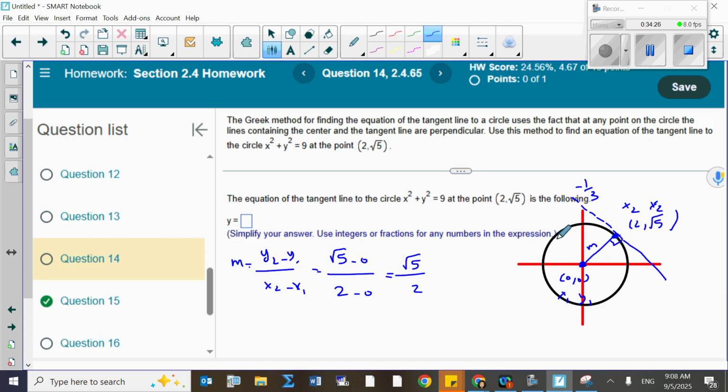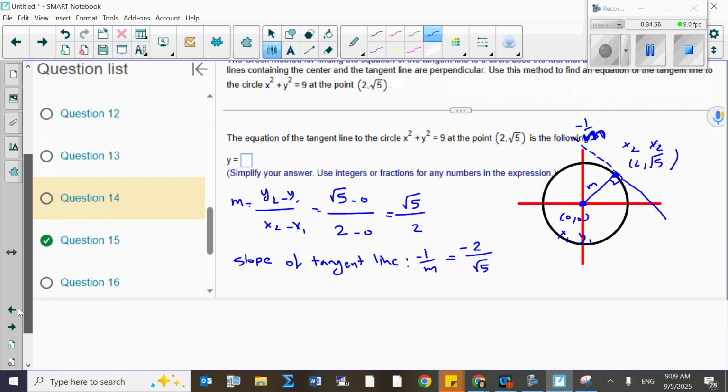That's the slope of this line. Oh, this was m, not 3. I'm sorry. Now, the slope of the tangent line is negative 1 over m. That means it's going to be flip this, 2 over root 5, and negative. Okay, I have the slope.